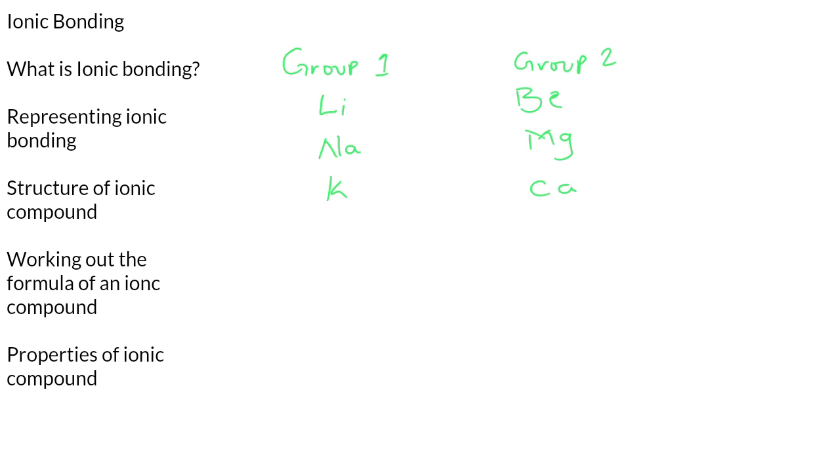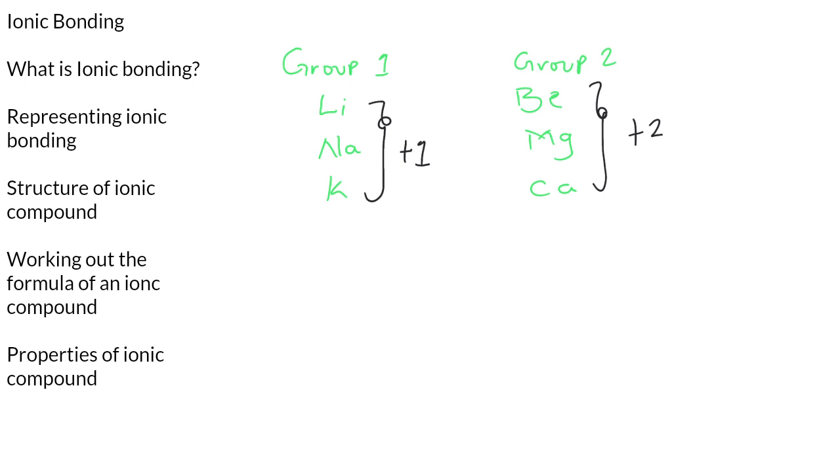The same thing goes for the group 2 elements. They have 2 electrons in their outermost shell, and they are able to lose these electrons to form ions. So you remember we said group 1 elements, all of them will form a charge of +1. And group 2 elements will form a charge of +2. Why?